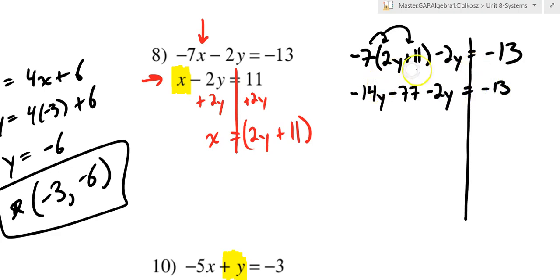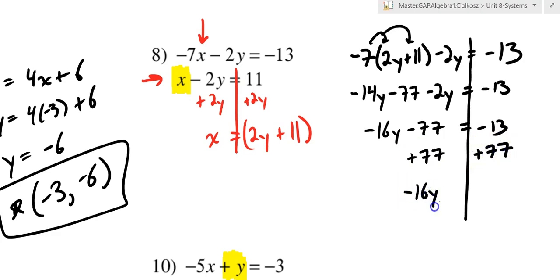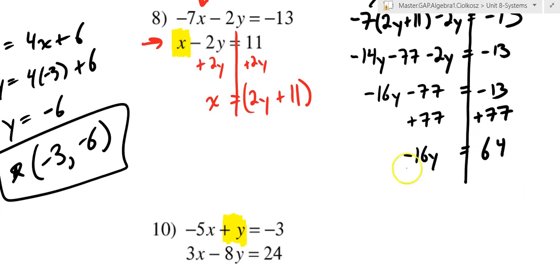Now, even though they're not next to each other, they're still on the same side of the line, so I'm just going to combine those like terms here and here. Dividing gives me y equals -4.